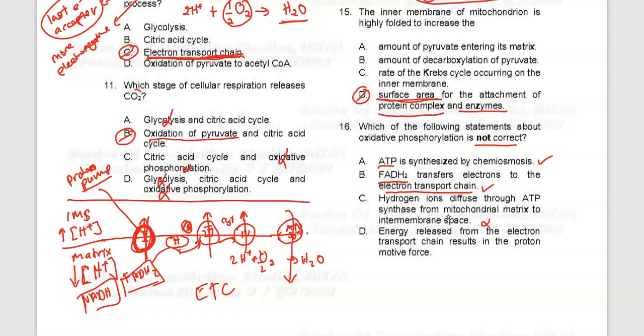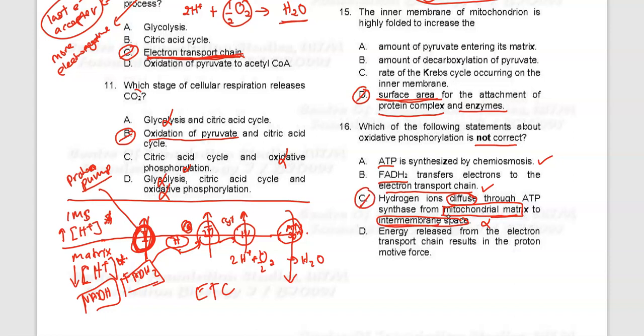It is supposed to be the other way around, because the process is diffusion from a high concentration region to a low concentration region. So the answer will be C. It is the incorrect statement.